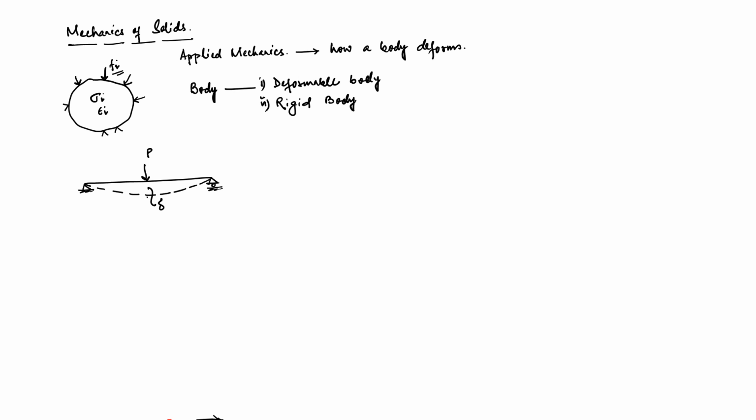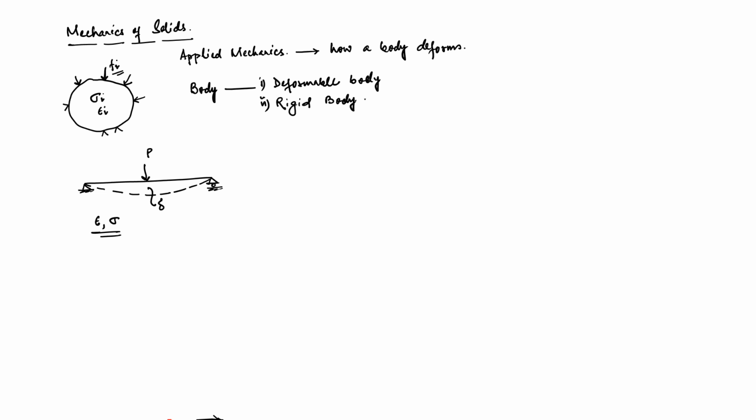Now, the moment it deforms, there is a change in dimension, and the moment there is a change in dimension, obviously, there will be some strain developed inside the body, and that will be manifested in terms of stresses also, right. So, we will quantify these stresses and strains that develop within the body.